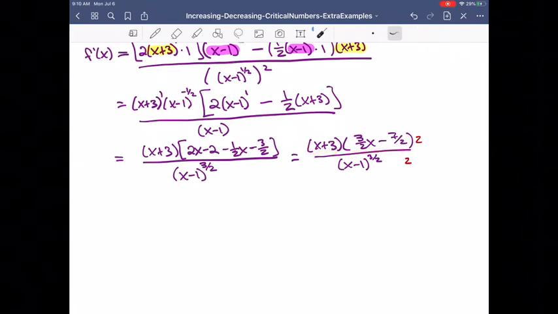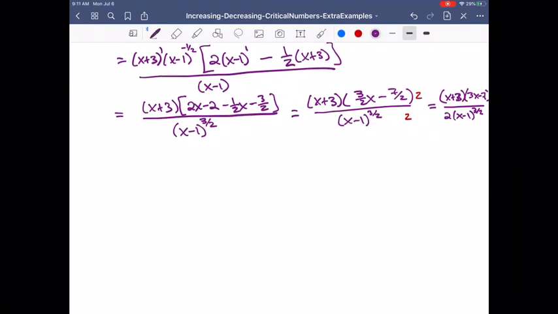If you multiply, you only need to put it into 1. So if you do that, you're actually going to get x plus 3 times 3x minus 7 over 2 times x minus 1 to the 3/2. But like I said, leaving it here is fine. You can still find all the things you need to find.